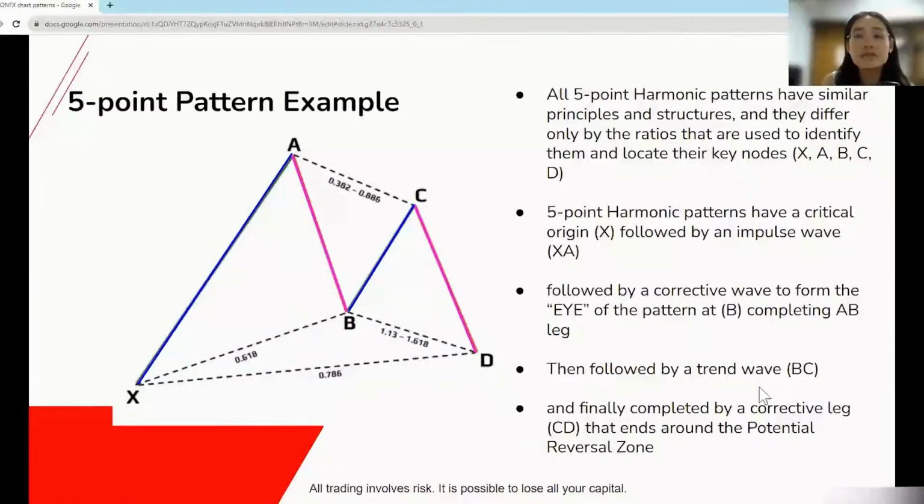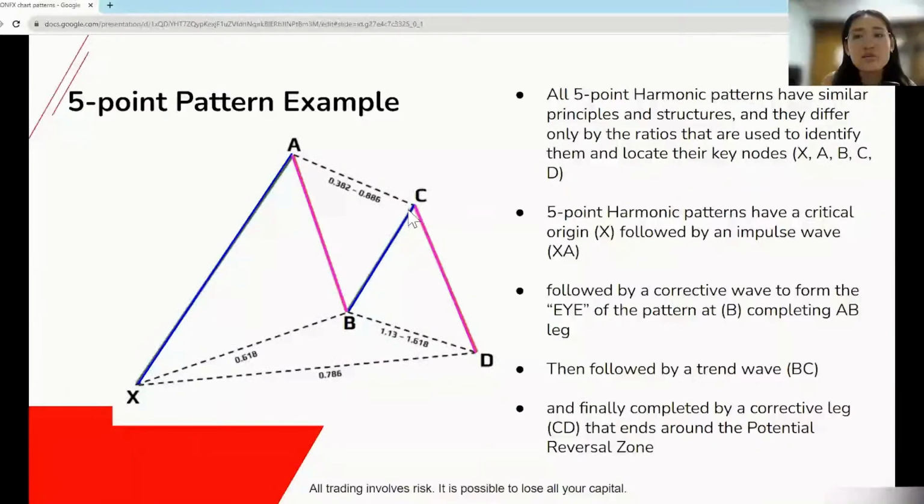5-point harmonic patterns have a critical origin at X, followed by an impulse wave, which is XA, just the blue line here. This is followed by a corrective wave to form the eye of the pattern at B, completing the AB leg. Then it's followed by a trend wave at BC, which is another blue line here.